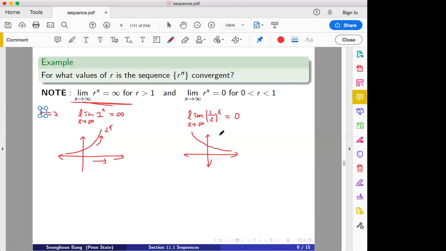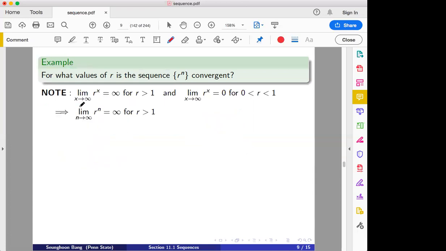As the x value approaches positive infinity, 1 over 2 to the x approaches the x-axis, 0. The answer is 0. So we can replace x by n, and we have the same result here.